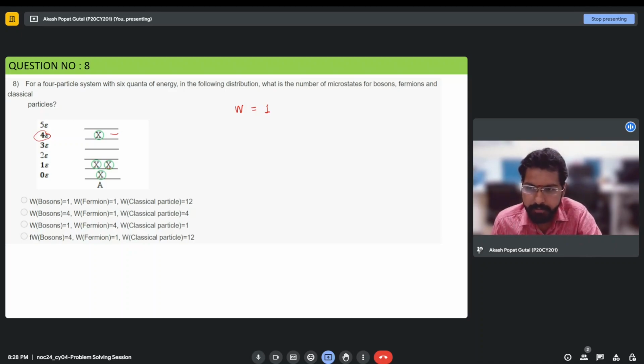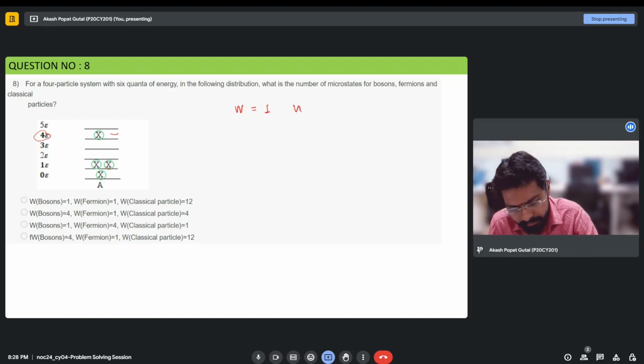In case of fermions, the fermions are also indistinguishable, but only two fermions can occupy the same energy level. Here the condition is fulfilled, and because of indistinguishability, the fermions will also have number of microstates 1.